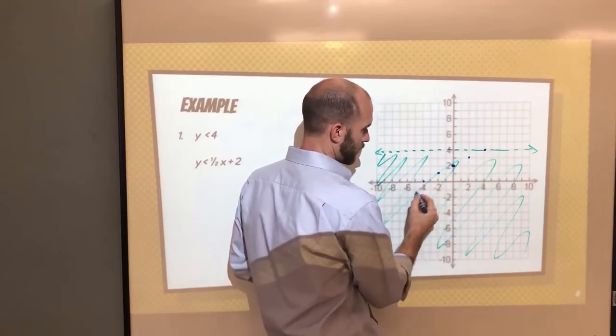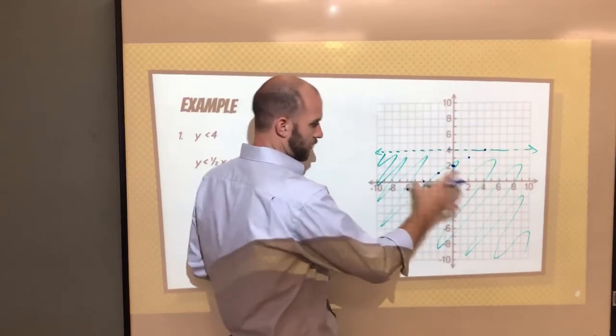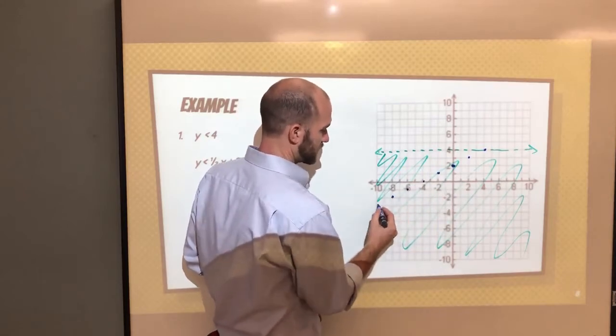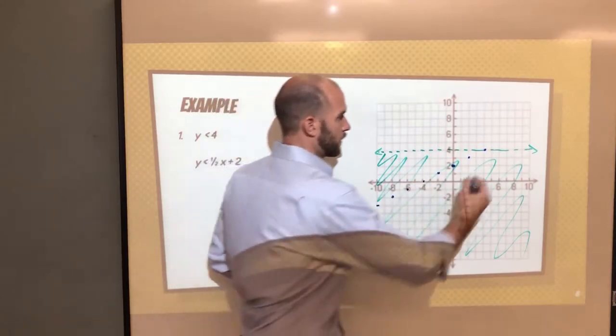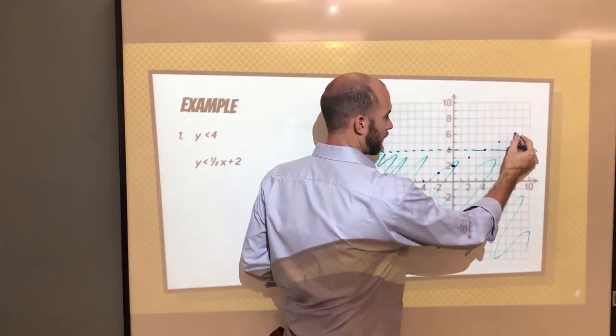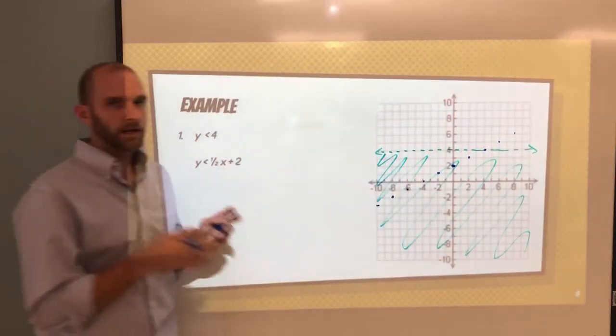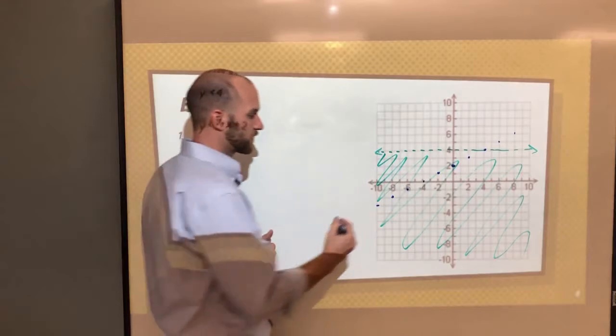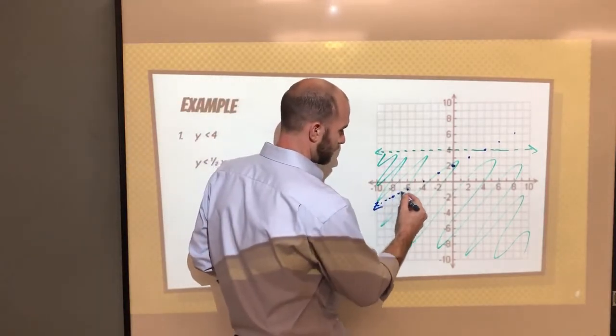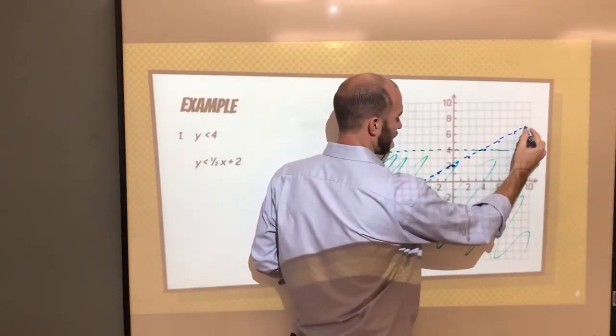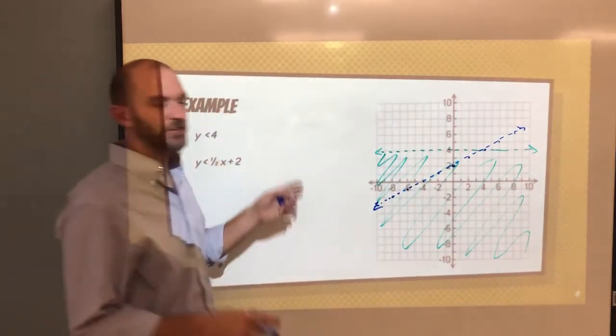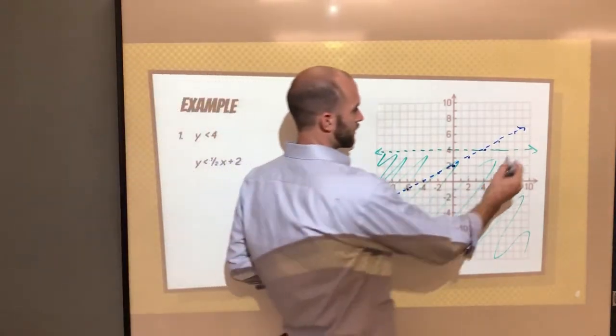Continue that pattern back this way. And since we've got a lot of stuff going on down here, I'm going to extend this to the edge of the graph. Likewise up here. Sounds good? It's a less than inequality, so we're going to make this a dotted line. And we're going to shade below this line as well, since it's less than.